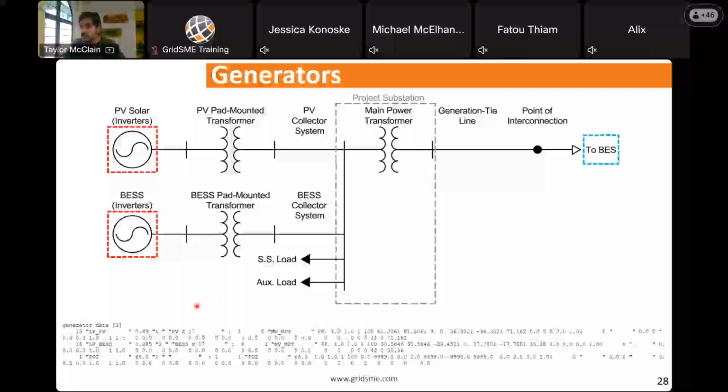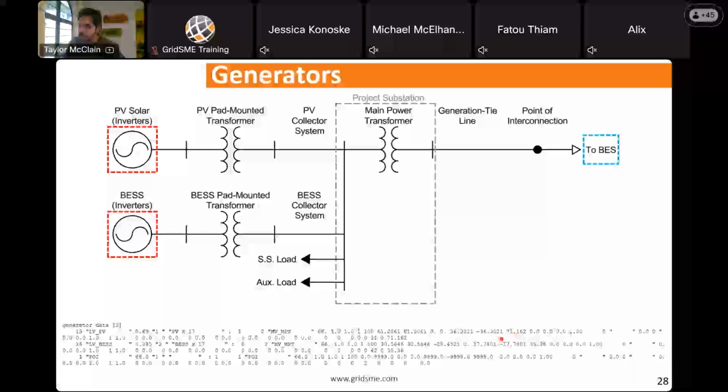That takes us to the generators section here, where once again, as discussed on the other components, we condensed 17 of these into their single model. I'm wishing now that I had represented what the individual rating of these were, but this value right here is the MVA rating for the PV, and the MVA rating for the BESS.